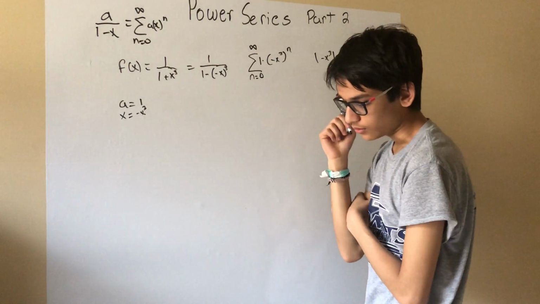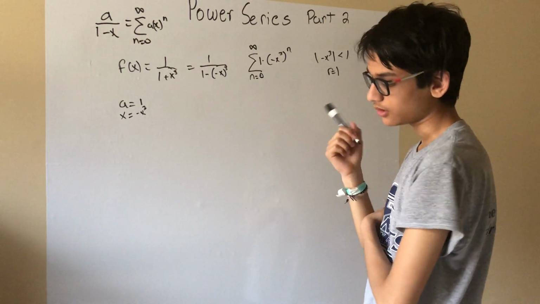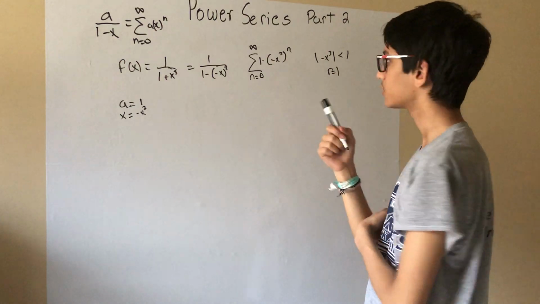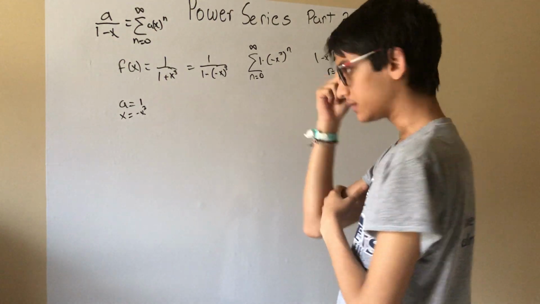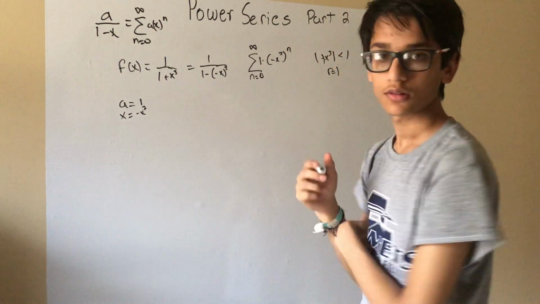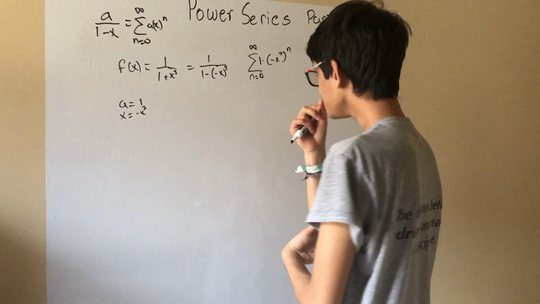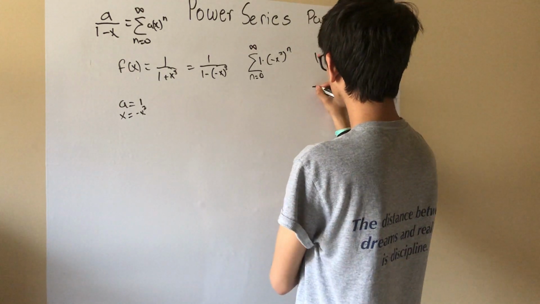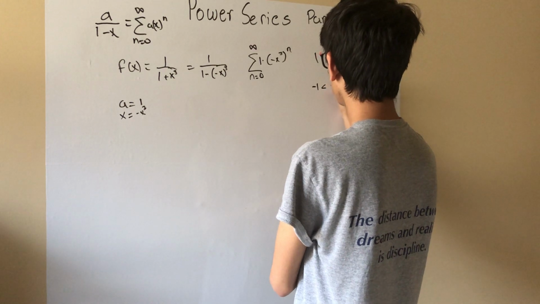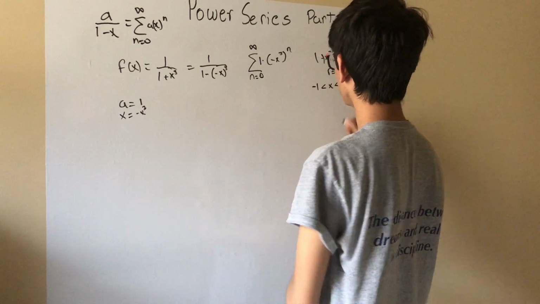I don't think that we need to go over that much because this is pretty simple, right? You just take the cube root, and since there's an absolute value, this turns positive. Okay. And the interval is from negative 1 less than x less than 1.